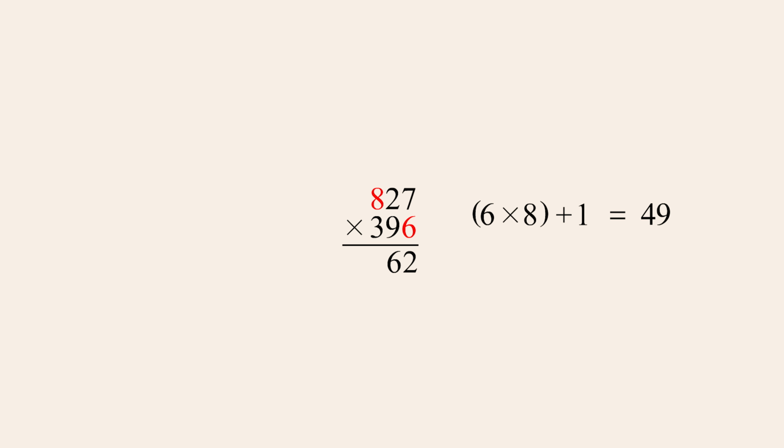So we bring the ones digit of 49 down below the left column of numbers and write the tens digit above the next position to the left, becoming the carry digit for that column. And since any numerals in that column would be zeros, the sum for that column is 4.